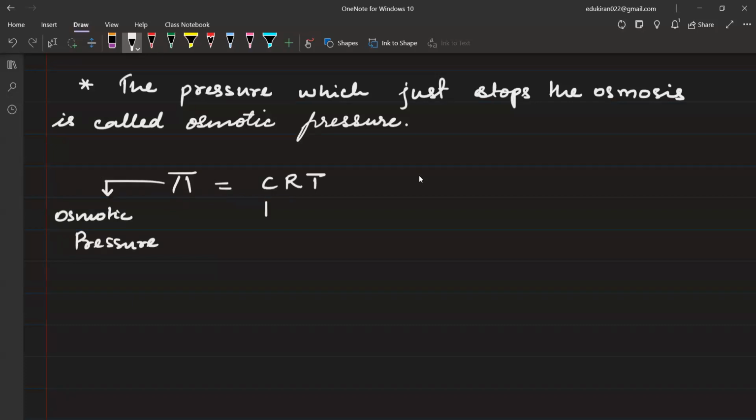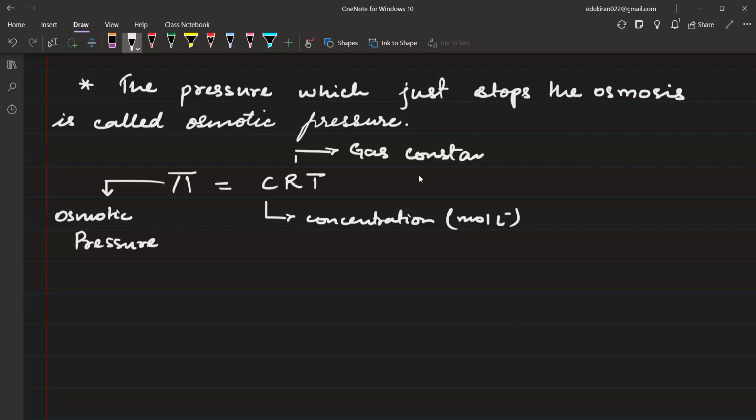C is the concentration in moles per liter, so basically it is molarity. R is the gas constant. And T is the temperature in Kelvin.